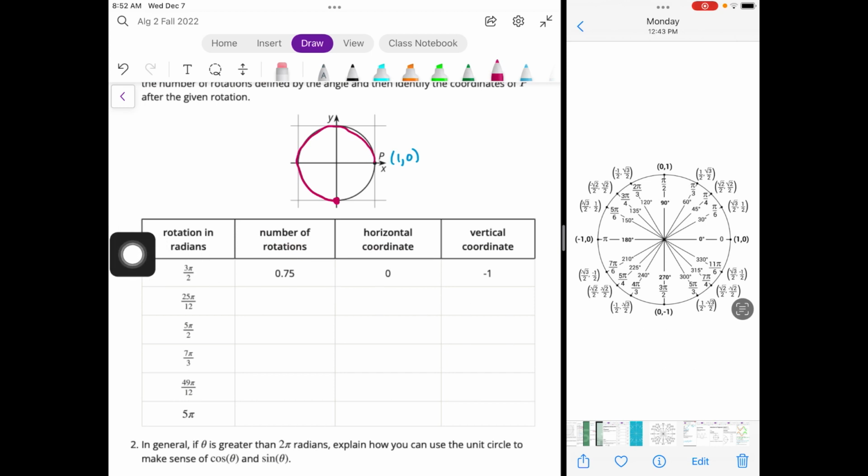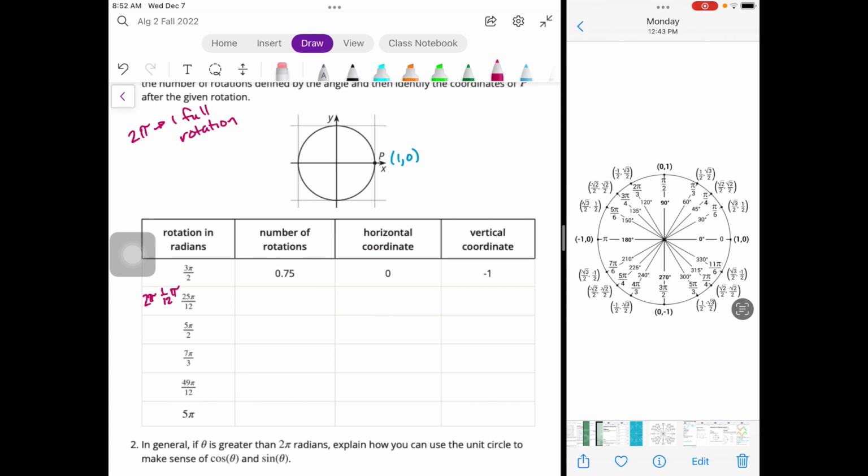All right, so now we're looking at 25 pi over 12. Well, remember that 2 pi is 1 full rotation. And this is the same thing as 2 pi plus 1/12 pi, right?